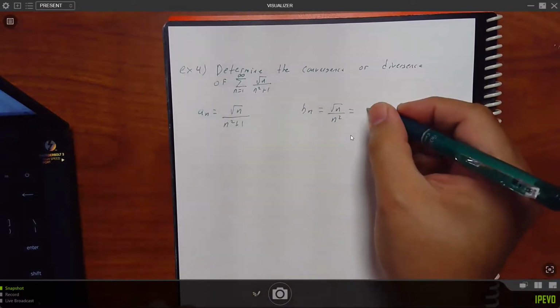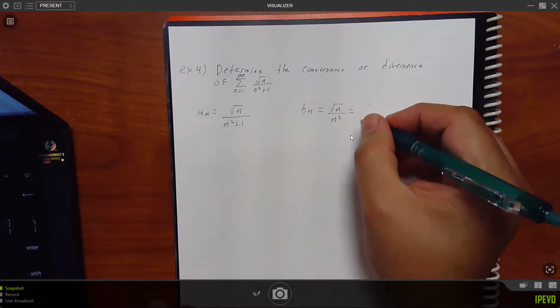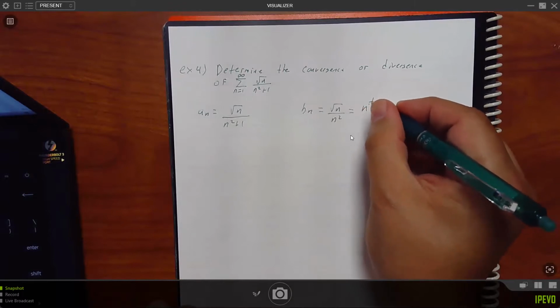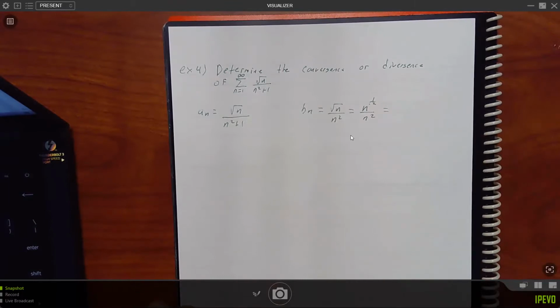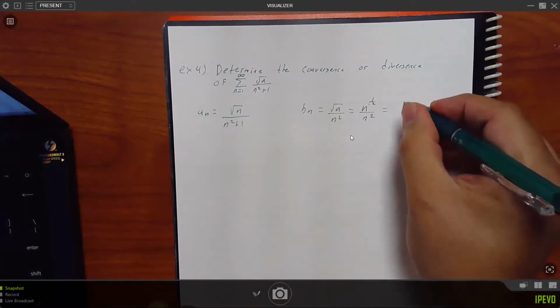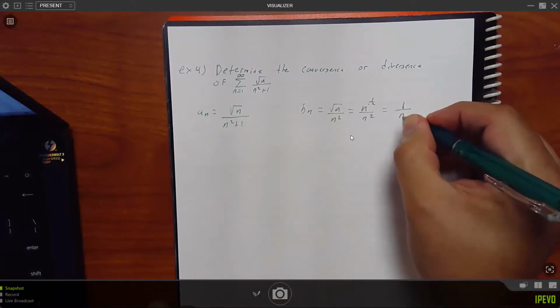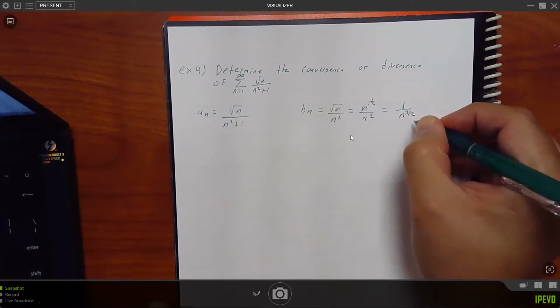Does this help? Yeah, there you go. What does it reduce to? That's 2 minus a half. Yeah, 3 halves.